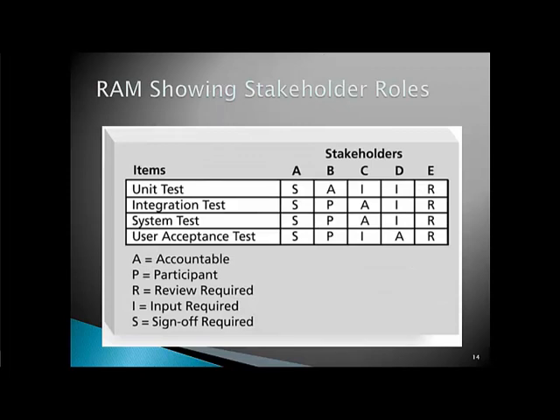We can also use the responsibility assignment matrix to show stakeholders' roles. In this case, you can see the different roles are abbreviated and assigned as shown in the table.